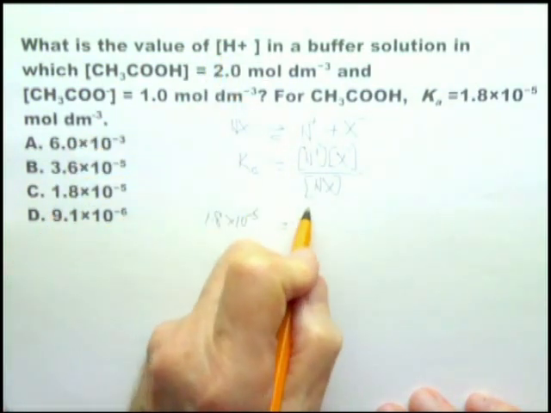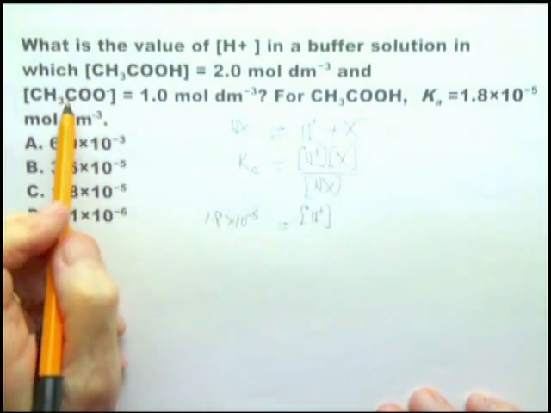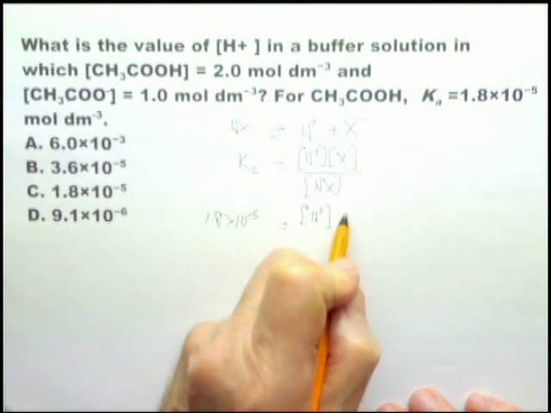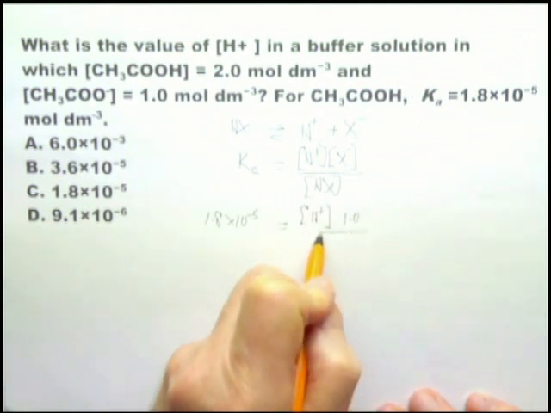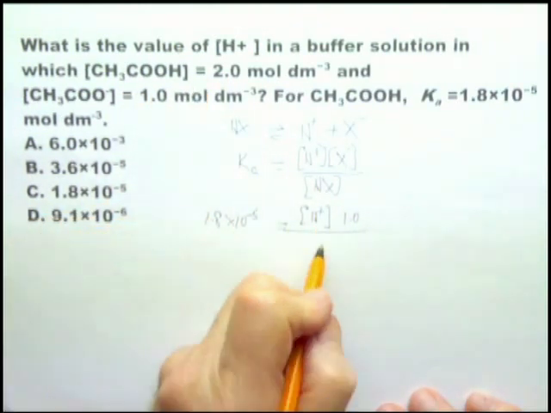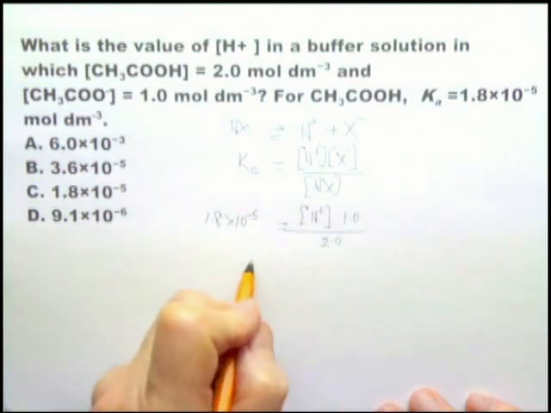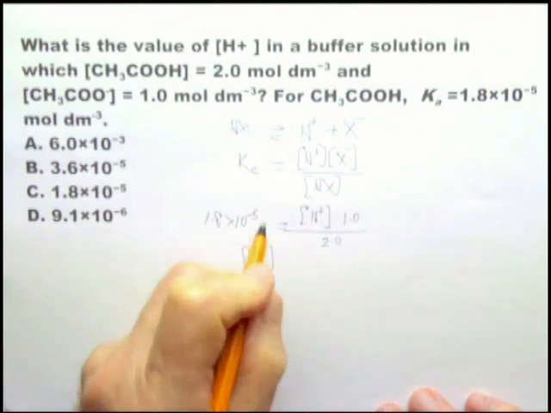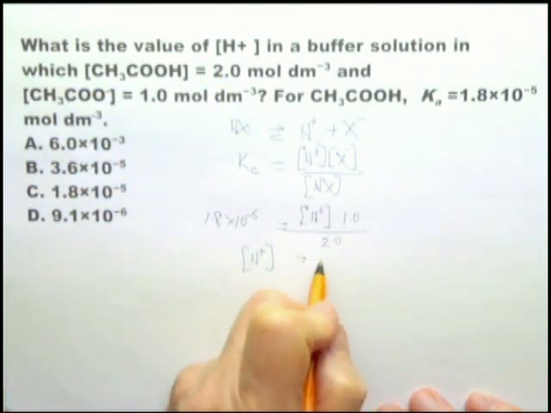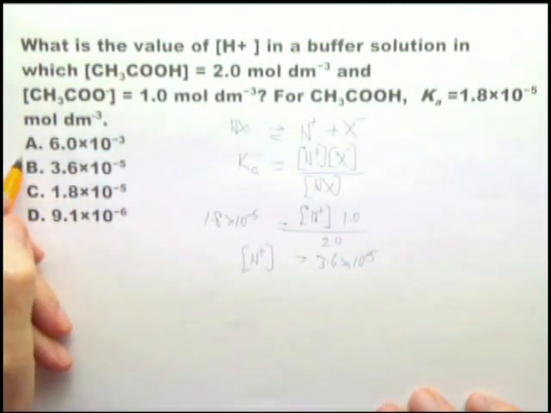H plus is the thing you're trying to determine, so you leave that there. They tell you the X minus has a concentration of 1.0. So put that in. They tell you the HX has a concentration of 2.0. So therefore H plus, which is what you're looking for, equals 2 times 1.8 times 10 to the minus 5, 3.6 times 10 to the minus 5, which is B.